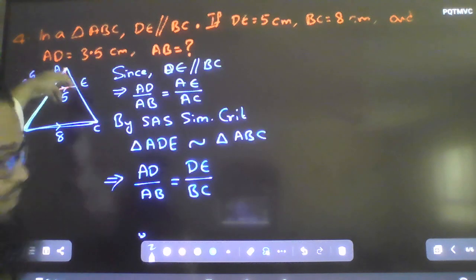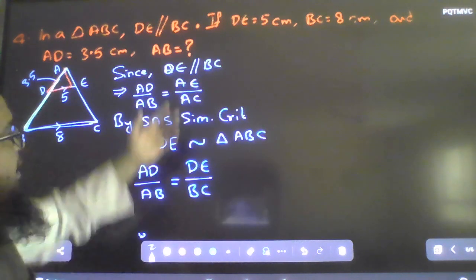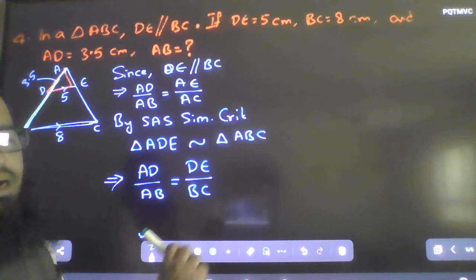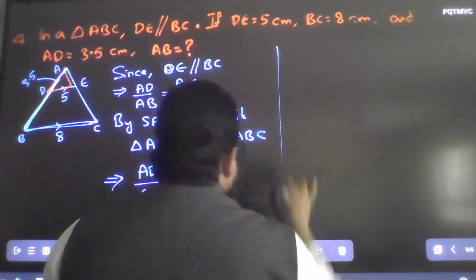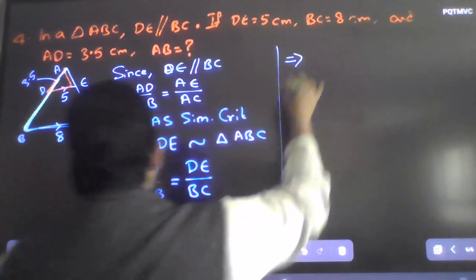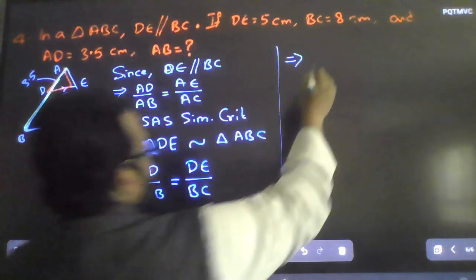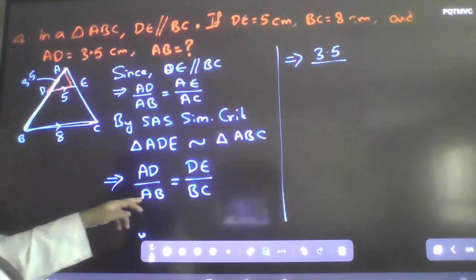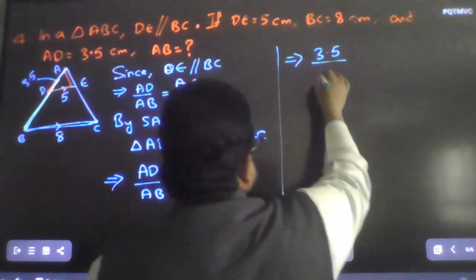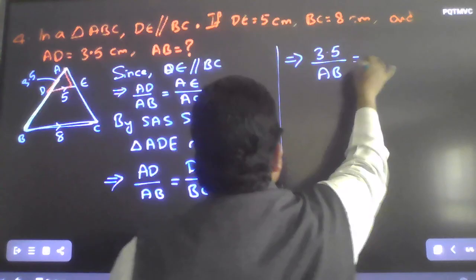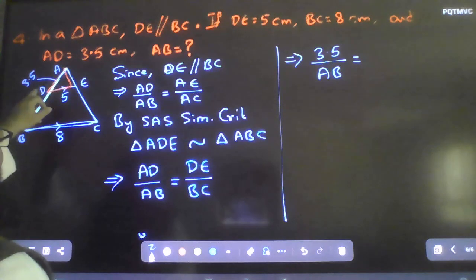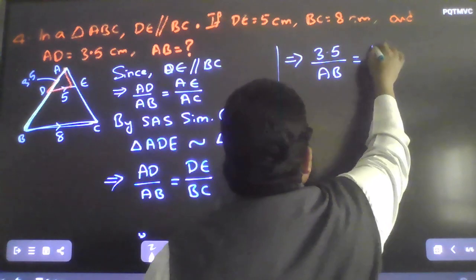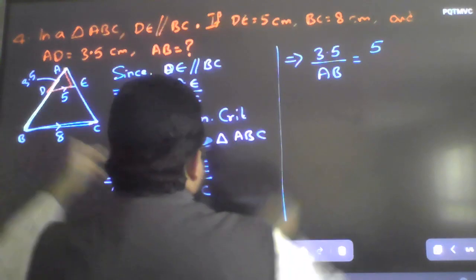I can take AE by AC also, but the values are not given, so I didn't write. So using this, now substitute the values. What is AD? 3.5 divided by, what is AB? You don't know. Equals, what is DE? DE is 5 and what is BC?